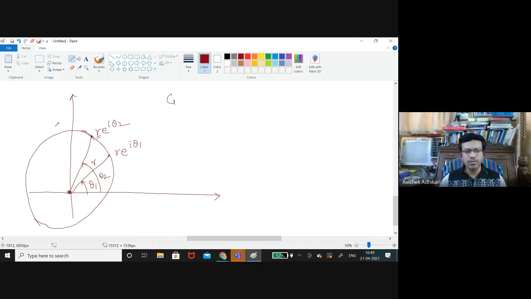Now can you tell me what could be the value of r? My intention is to find a group such that the group consists of all points on a particular circle of radius r. What could be the value of r?